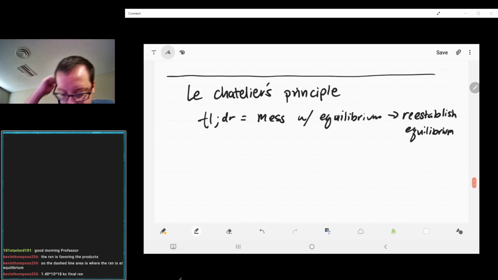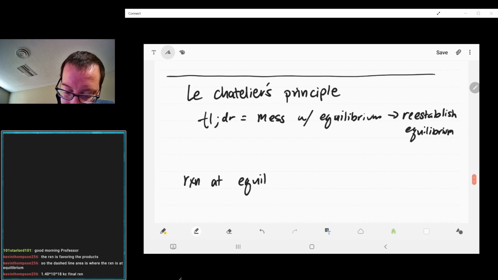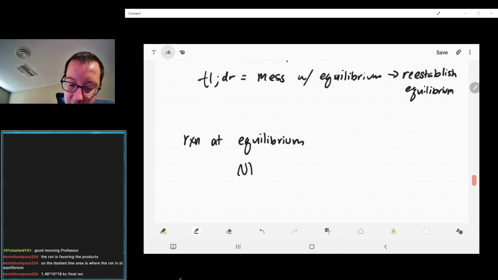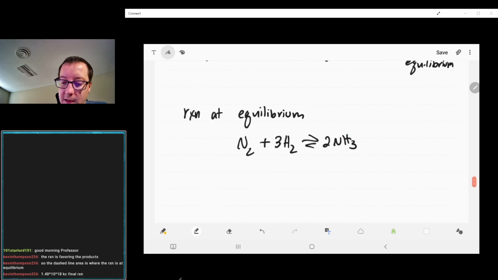So let's say we have a reaction at equilibrium. Let's say we have our absolute favorite reaction, the Haber process here. Let's say this reaction is at equilibrium.